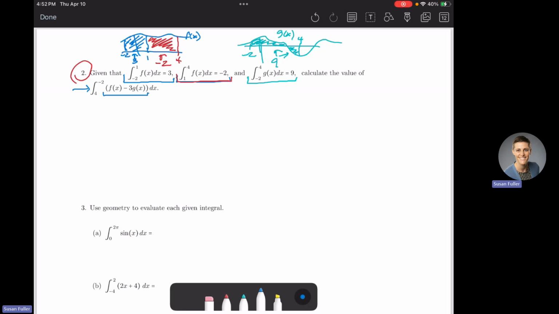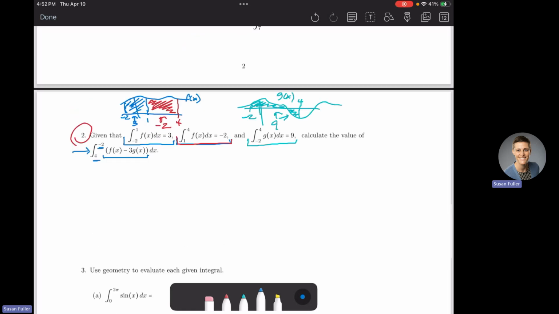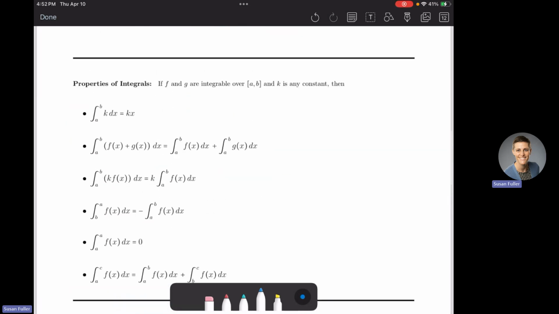Okay, so this is kind of one of the weirdos. I've got a bigger number on the bottom than on the top. This is going backwards. This is going from 4 back to -2. And so that's going to make this harder for my brain. So I'm going to use one of our rules up here. It's this guy. If our bounds of integration are backwards and I've got a bigger bound on the bottom, what that's going to do is it's going to be the negative of the integral going forwards from a smaller to a bigger.